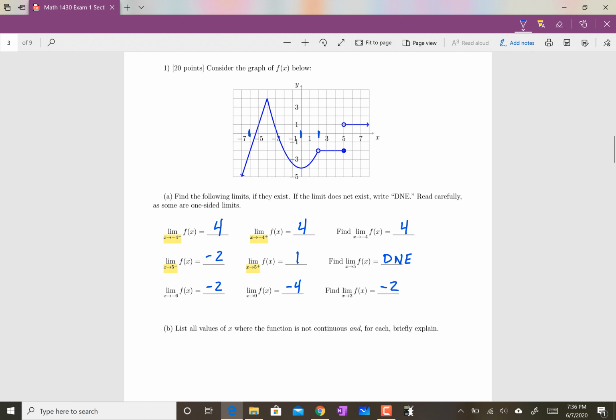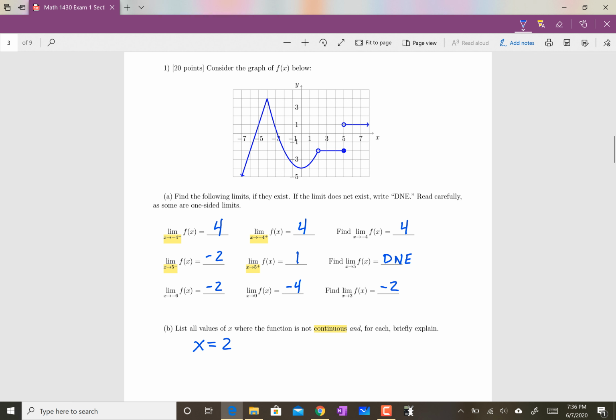The second part of this question is to list all the values of x where the function is not continuous and briefly explain. The first place we should notice that the graph is not continuous as we read from left to right is when we run into our first hole in the graph. And that occurs when x is equal to 2.